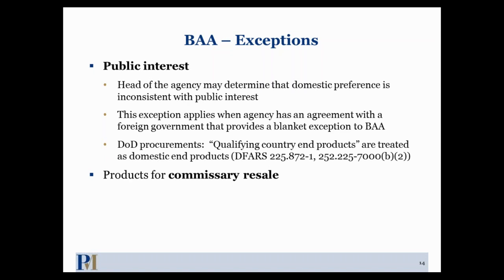For DoD procurements, as an example, they have qualifying country end products that can be treated the same as a domestic end product for purposes of BAA compliance. There are probably a couple dozen or so countries on this list, including Australia, France, UK, Italy, and most of the countries you would expect to find on the list.